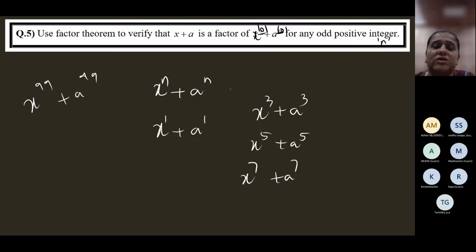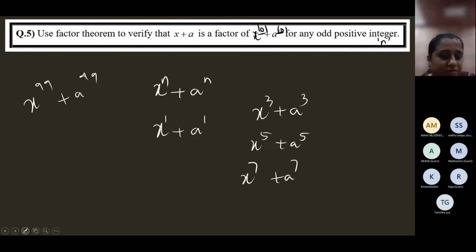What is the definition for n? N is any positive integer, odd positive integer. Positive integer we understand. It's not negative. Odd positive integer, so that means 1, 3, 5, 7, 9, 11, and so on.